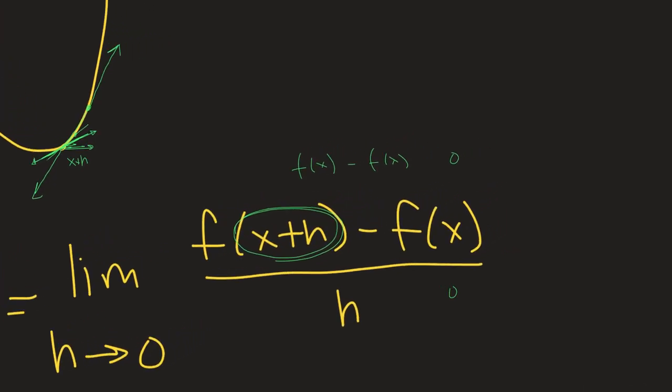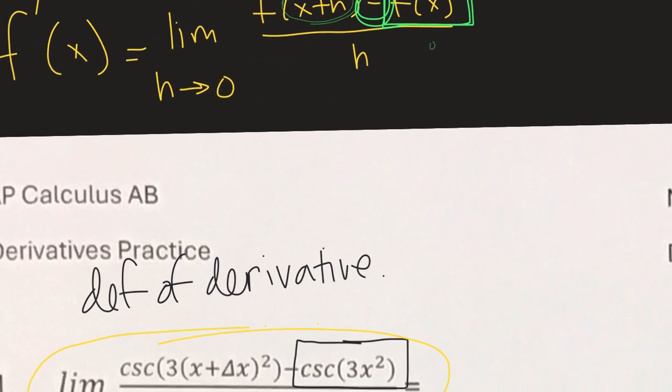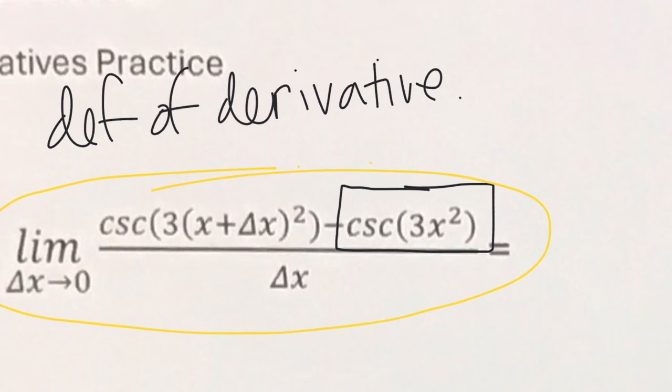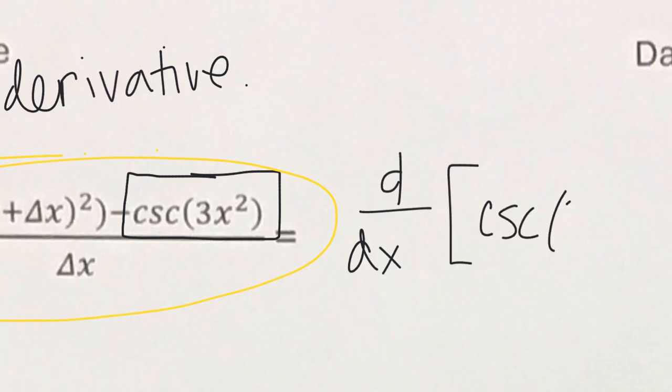So we want to look at this, recognize our form of the definition of a derivative, and it's asking you to take the derivative of that function. The function is the thing that comes after the minus. So in number 1, what function comes after the minus? Cosecant of 3x squared. So we're basically being asked to find the derivative with respect to x of cosecant 3x squared.